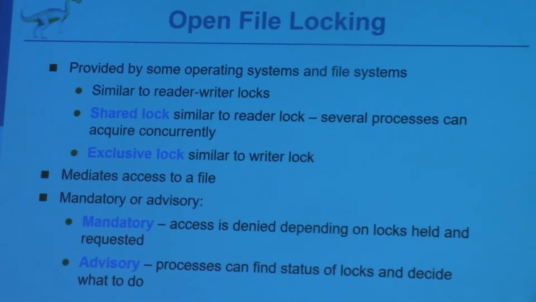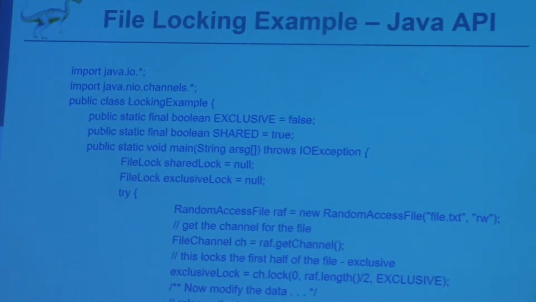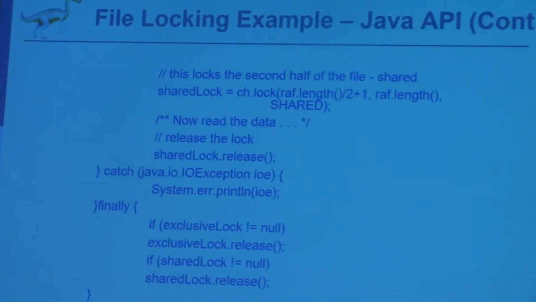Exclusive lock is used for the write lock. This is an example of file locking. Don't pay too much attention to the syntax. Instead, in Java, you can use the FileLock class, so you can define the shared lock and the exclusive lock. So you can explicitly implement such different types of lock.